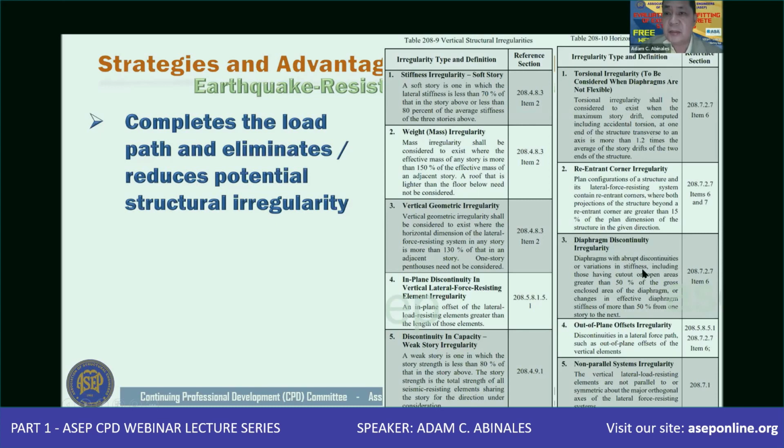In the case of horizontal irregularity, you have torsional irregularity, then a reentrant corner, then you might have a diaphragm discontinuity, or out-of-plane offsets irregularity, or non-parallel system.